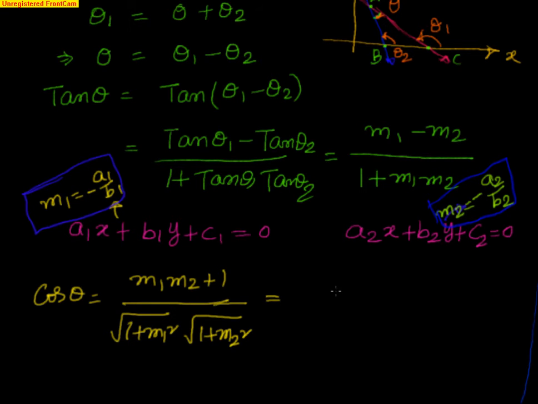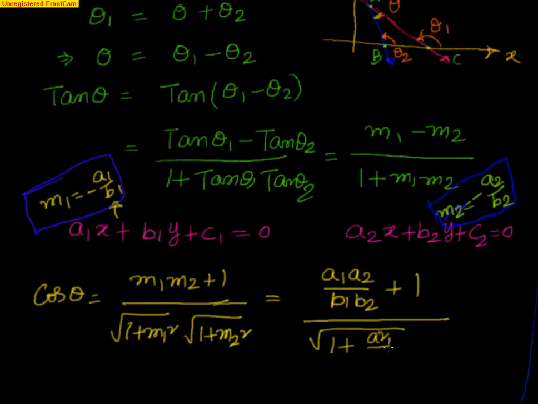Now let's come back. We'll substitute that. This becomes (a1 a2 by b1 b2 plus 1) by square root of (1 plus a1 square by b1 square) into (1 plus a2 square by b2 square). If this is not clear, I'll erase this.